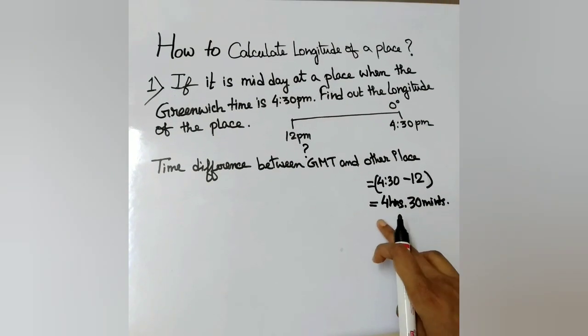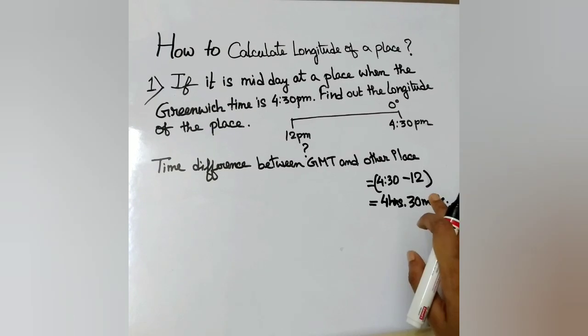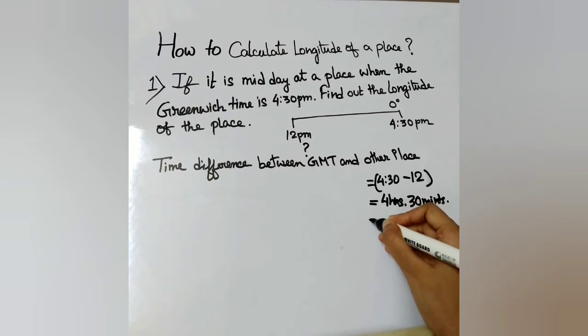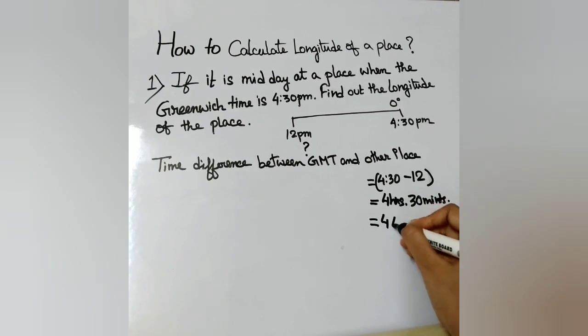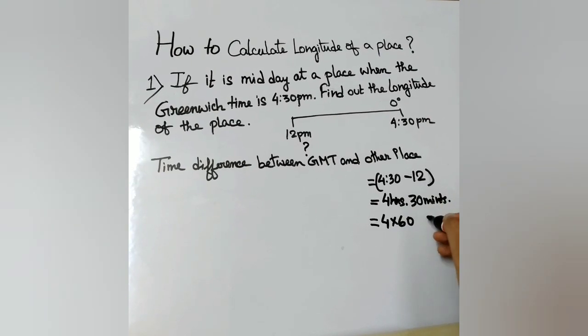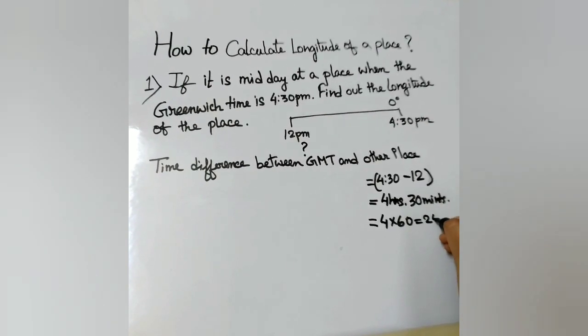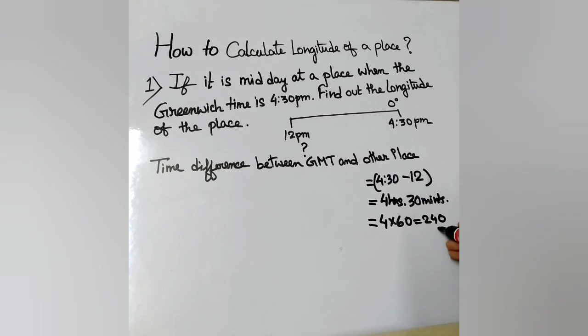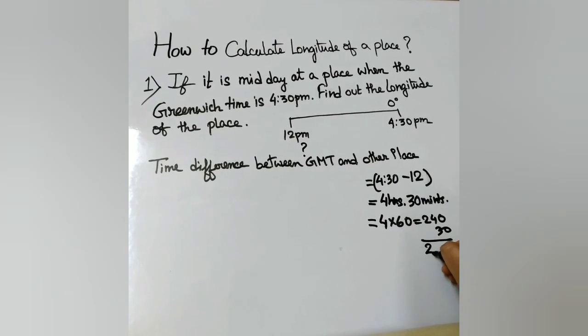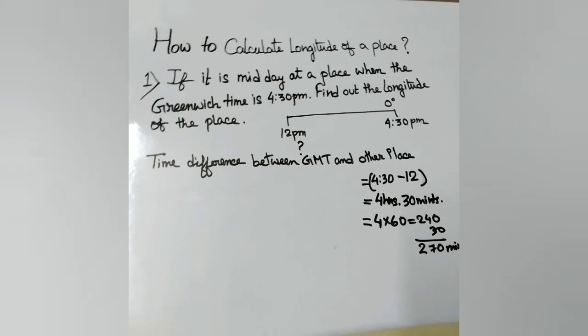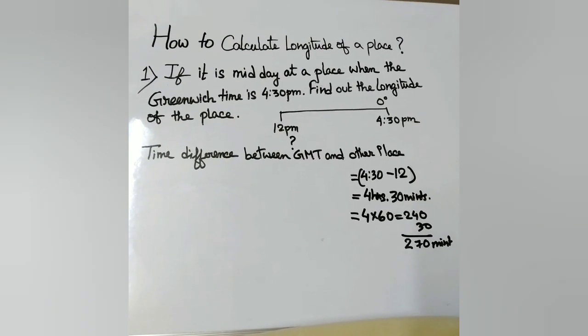Now we convert this 4 hours 30 minutes into minutes. 4 into 60 is 240, plus 30 means 270 minutes. Total we get 270 minutes.